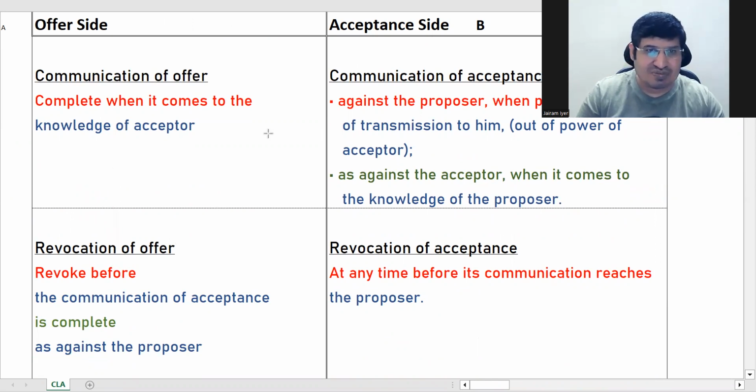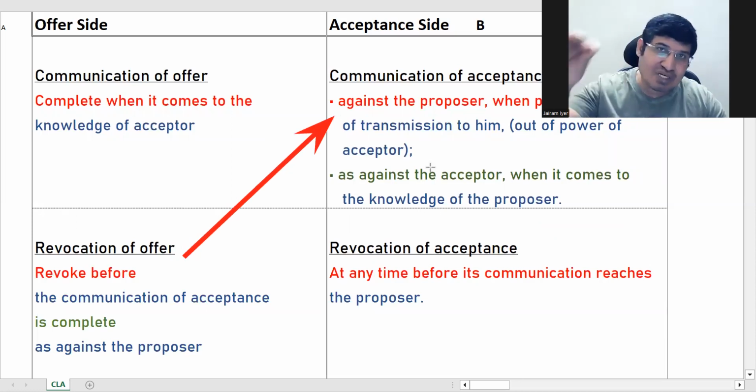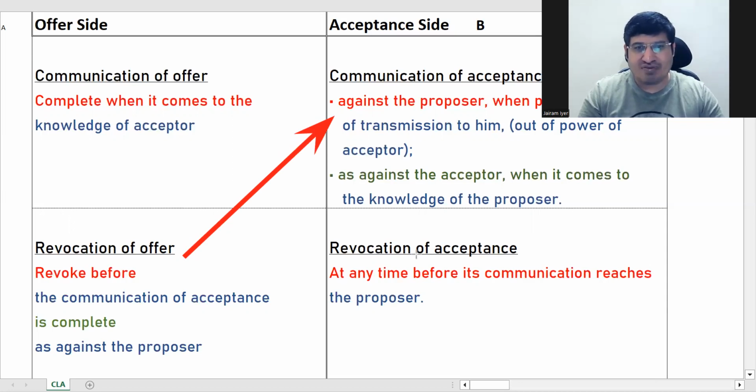That is, you can revoke before this point, when the acceptor is putting it in the post box. And for the acceptor, revocation of acceptance, you can revoke at any time before its communication reaches the proposer.